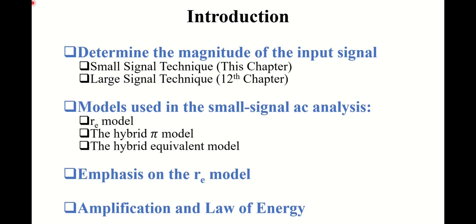Here the question arises: isn't the stated definition of amplification violating the law of energy that states neither energy can be created nor it can be destroyed, but it can be converted to other forms of energy? The answer to this question is that amplification does not violate this law because the power of output signal increases due to the addition of DC power sources.